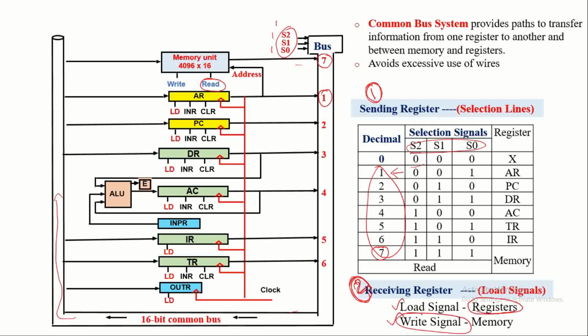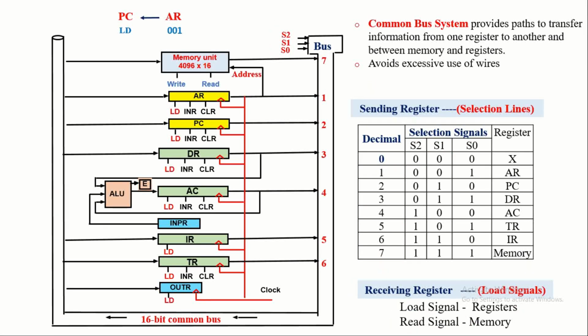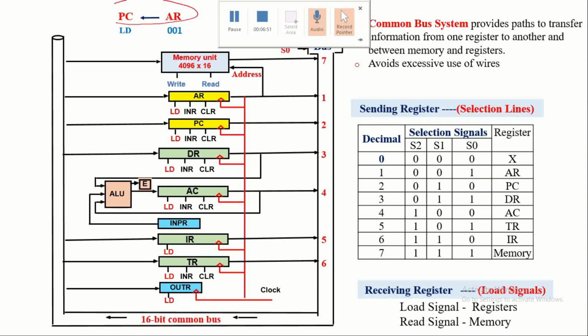Let us now discuss how information is passed from the address register to the program counter. To achieve this register transfer, the information has to be transmitted from the address register, travel through the common bus, and be received by the program counter.